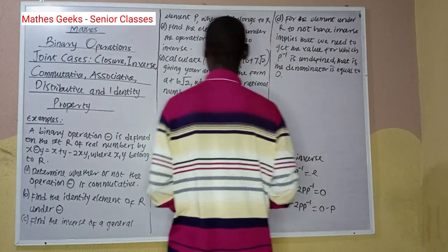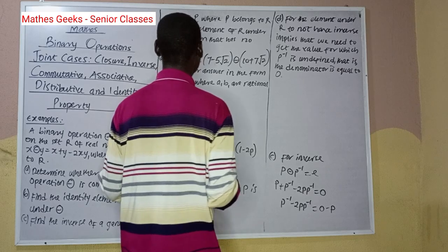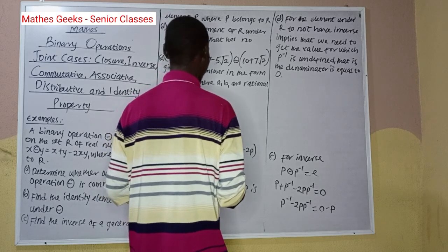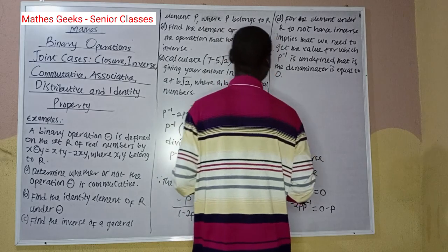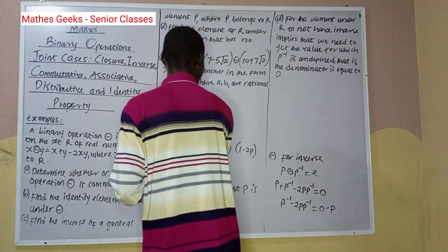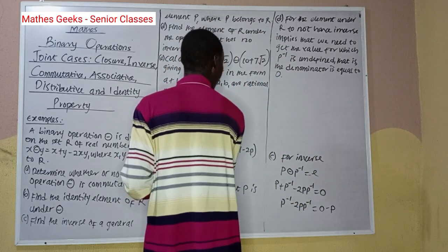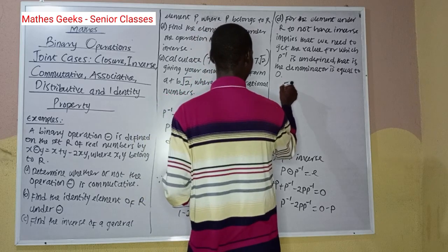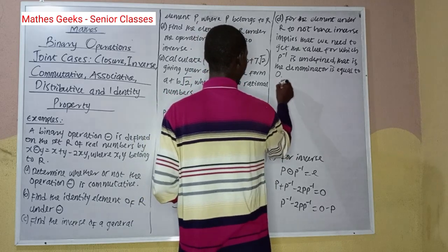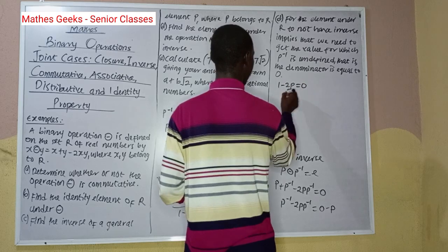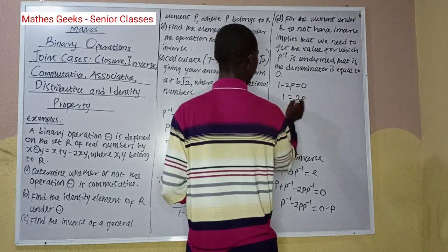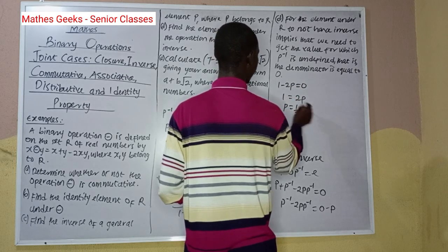For it to not have an inverse, P⁻¹ is going to be undefined, and for it to be undefined, the denominator must be equal to 0. So for that condition, 1 − 2P is equal to 0. We bring −2P to this side: 1 is equal to 2P, and then P is equal to half.